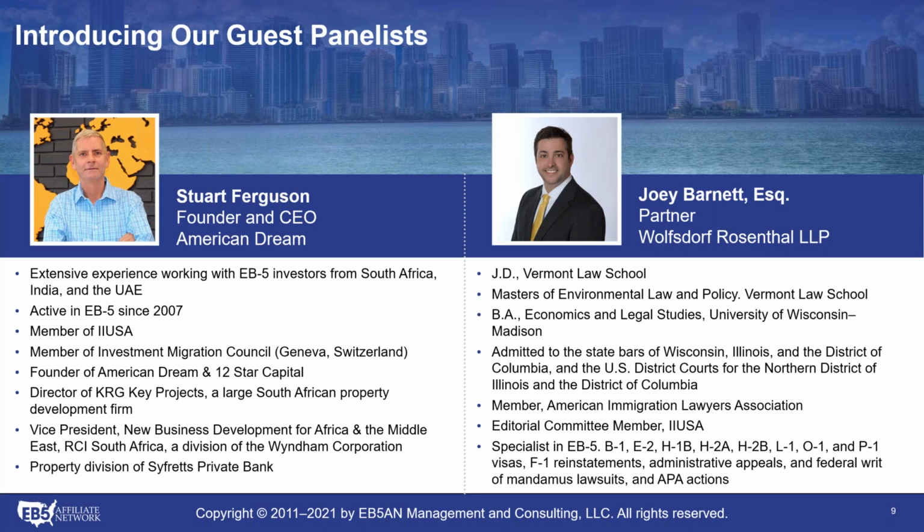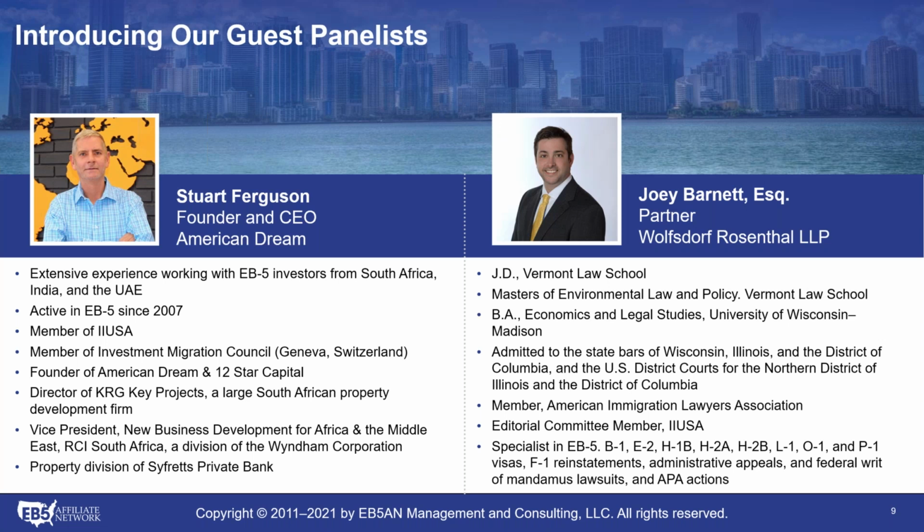My name is Joe Barnett. I'm a partner at Wolfstorff Rosenthal, LLP. We are an immigration-only law firm. We have offices in 7 cities across 3 time zones in the United States, and all we do is U.S. immigration and global immigration nowadays as well.